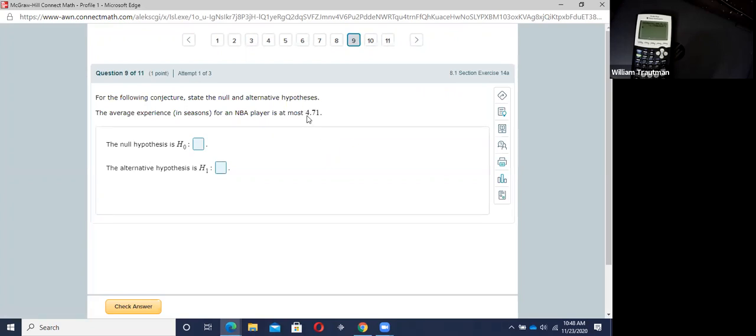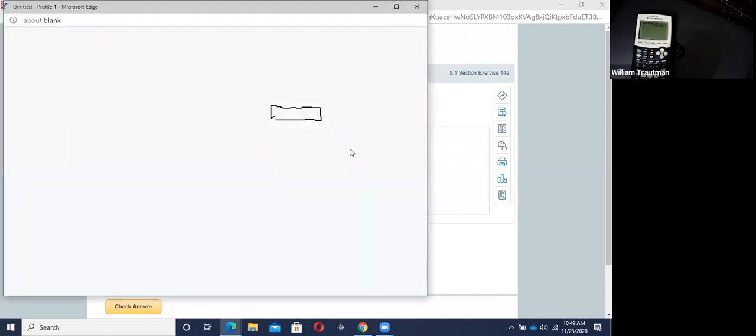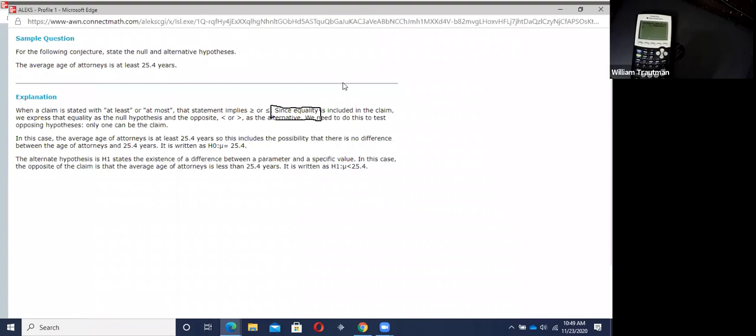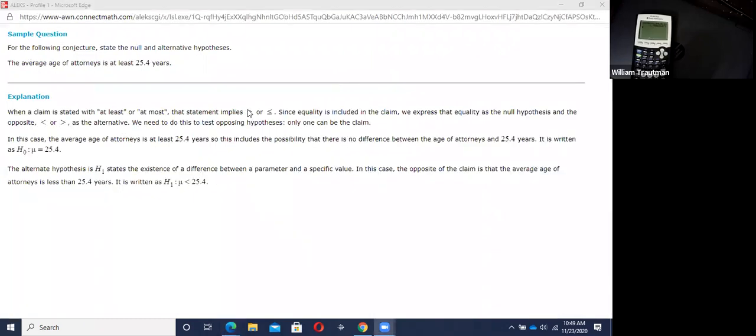Now, this one is a little different. I would write these down right here, at least and at most, because it's a little tricky there. When a claim is stated at least or at most, the statement implies greater than or less than and equal to, and we can never use those symbols in the null.